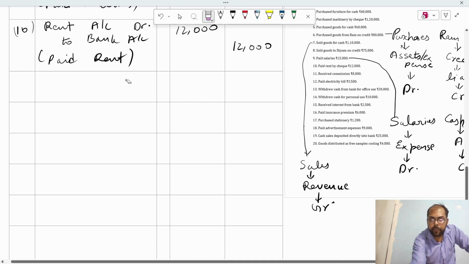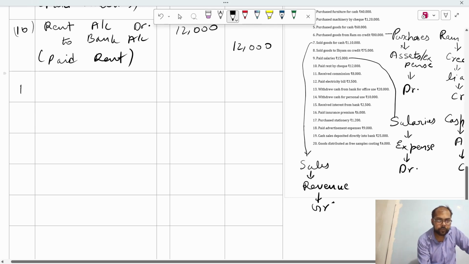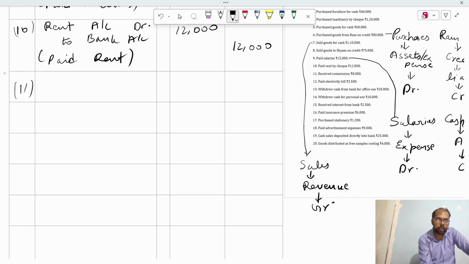The 11th one is received commission. So commission is what? It is a revenue. You are receiving commission for some services that you have delivered.